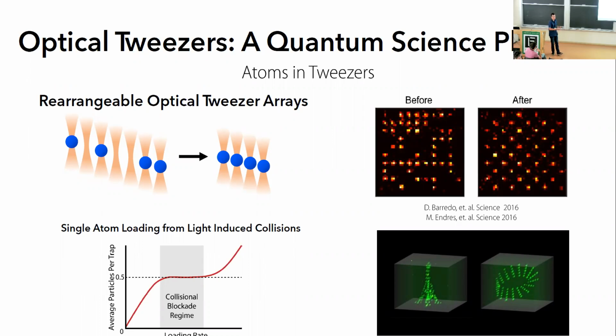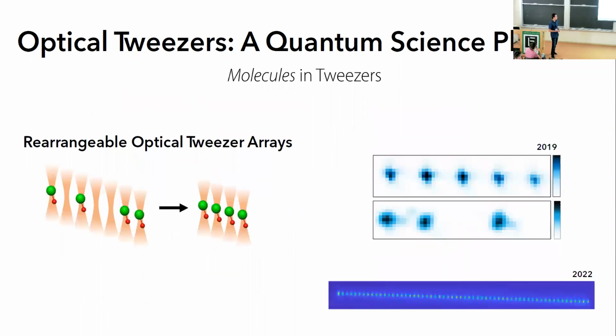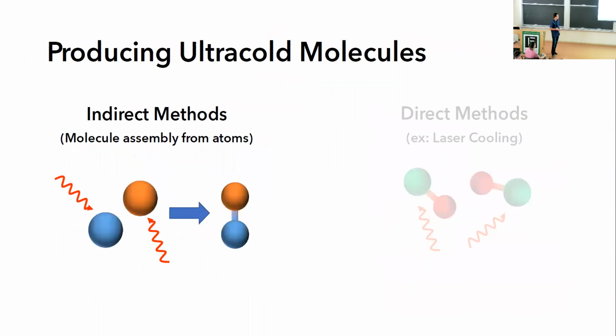And this, of course, has a very natural extension to ultracold molecules. One simply has to replace these ultracold atoms in these tweezers with ultracold molecules. And that's what I'll be talking to you about today, our work of loading these ultracold calcium fluoride molecules into optical tweezer arrays.